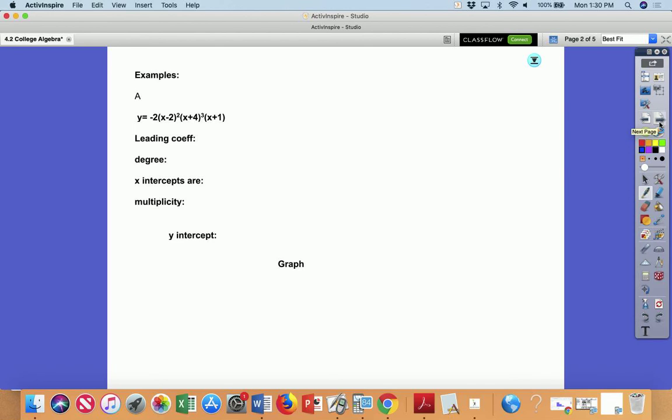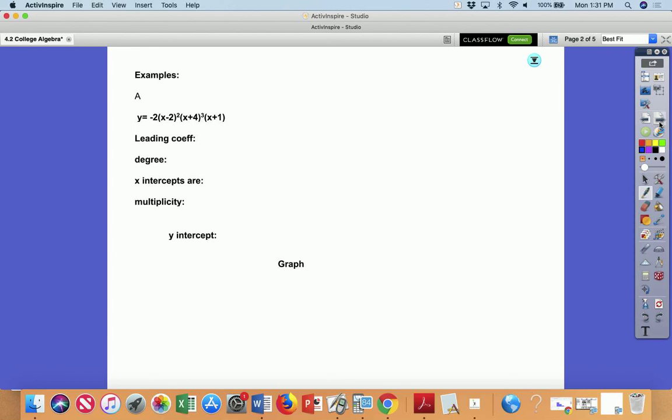Now, I'm going to put at the top probably the biggest thing, well, not this one yet. That's on another page. Let's see what we got here. Well, let's start with the x-intercepts. That's something we know.